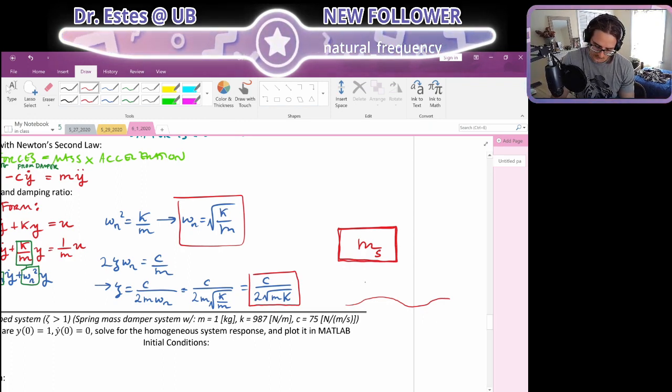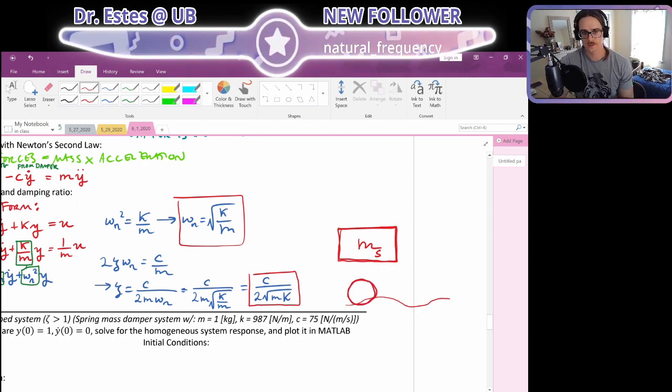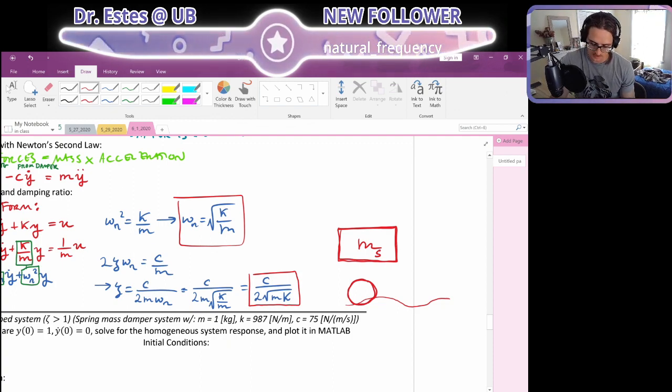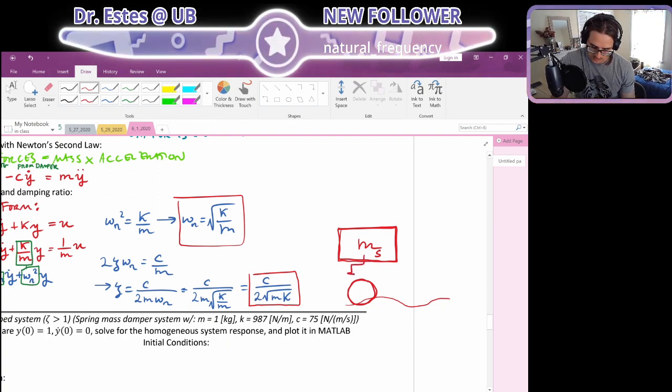You have your tire on the road, and we're just looking at one of the tires right now. But the connection between the sprung mass and the tire, there's a spring and there's a damper.